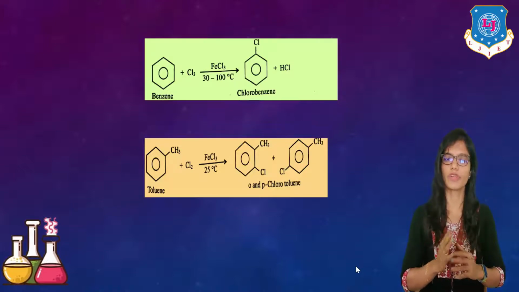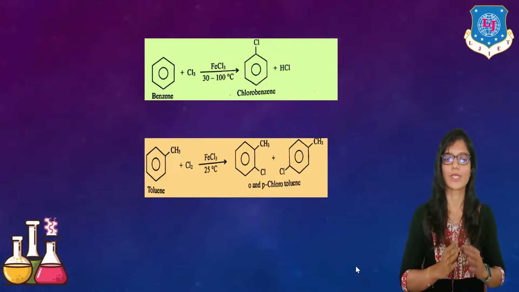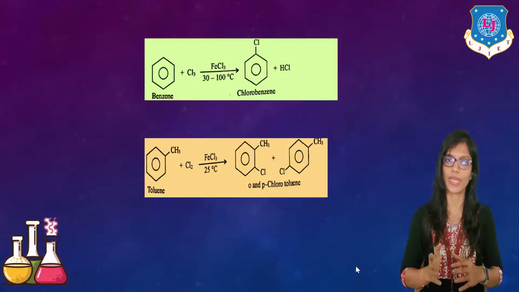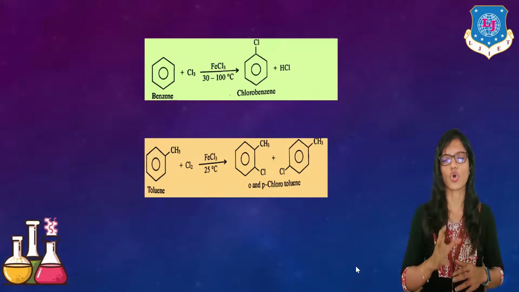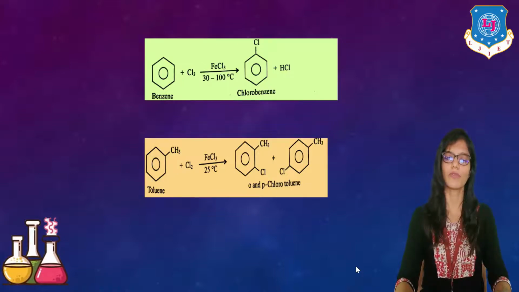There are two different directions, because the CH3 group is an ortho-para directing group. So the first product that we will get here is ortho-chlorotoluene, and the second product is para-chlorotoluene. So we can get ortho and para-chlorotoluene here.